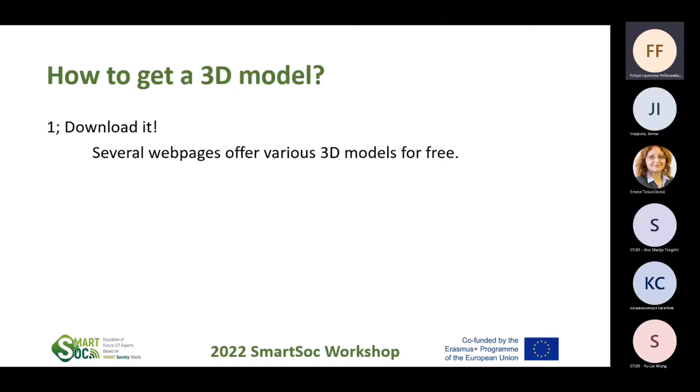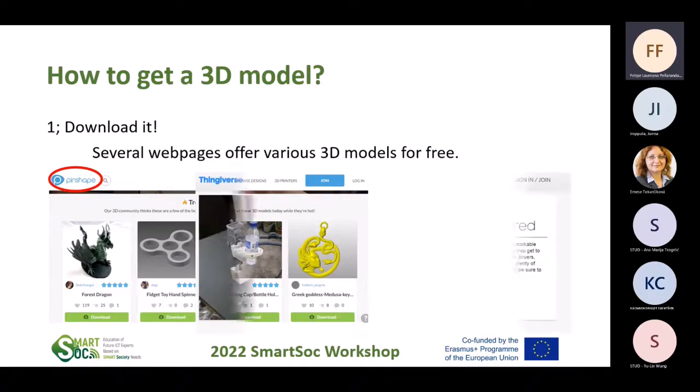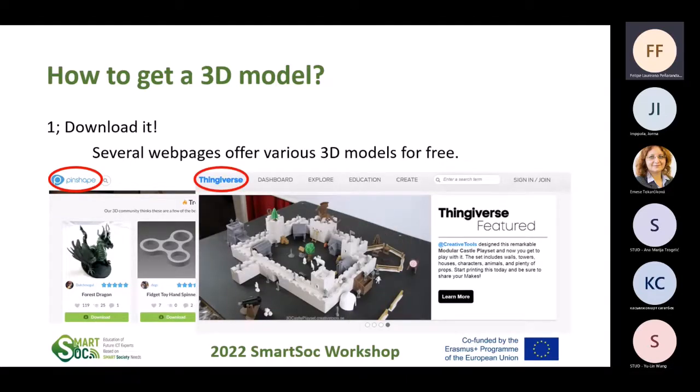Of course, we are smart enough, so maybe the first thing you should consider is to look for a 3D model on the internet. You can download it, you can check whether somebody has already designed what you need. You can visit several web pages. There are really several web pages, for example, Pinshape or Thingiverse, where you can access very nice 3D models for free.